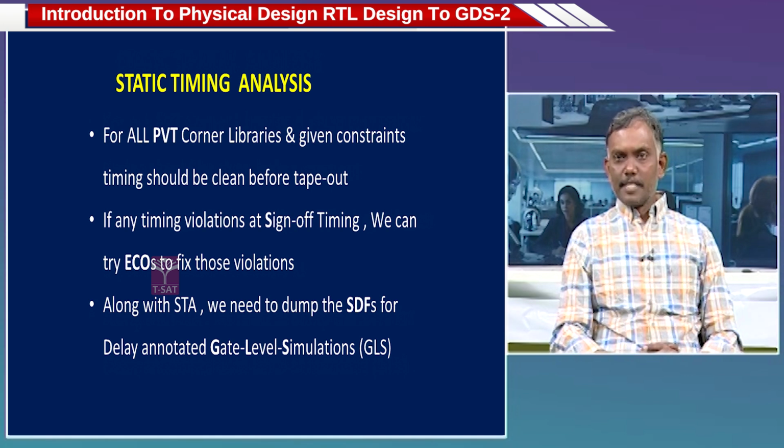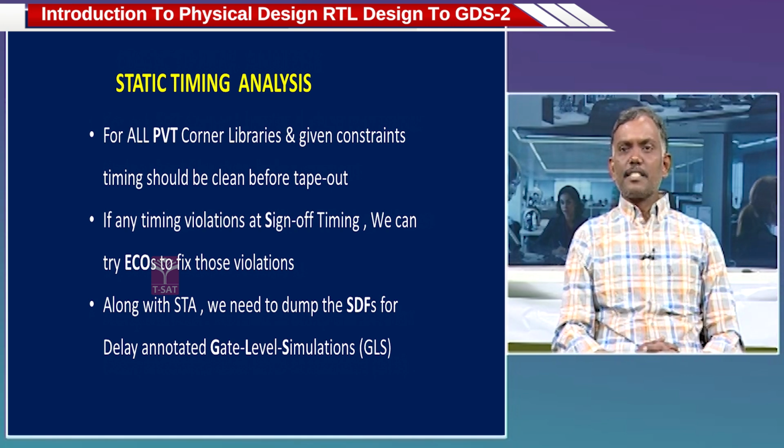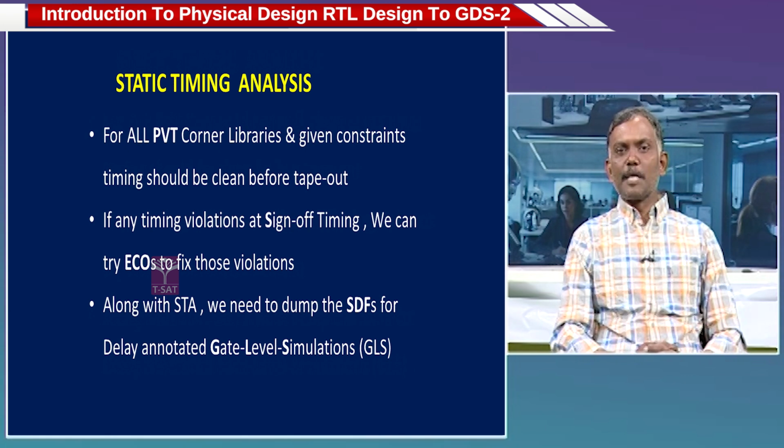Static timing analysis is a part of this sign-off. In static timing analysis, we should do the setup check and hold check for all PVT corner libraries. The 3 PVT corners we discussed so far are slow corner, typical corner, fast corner.